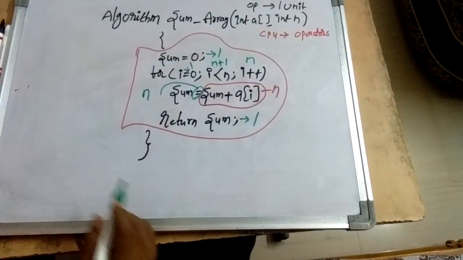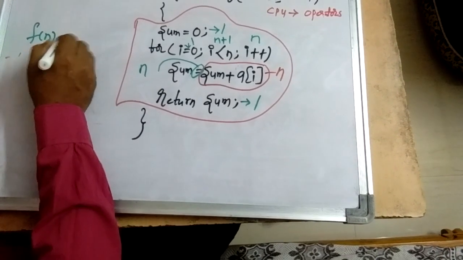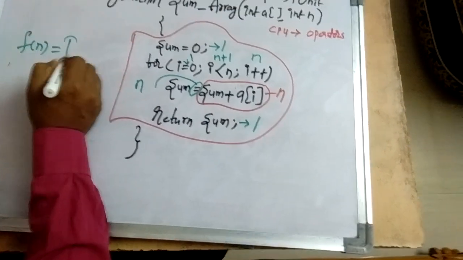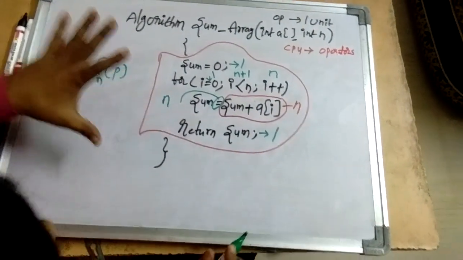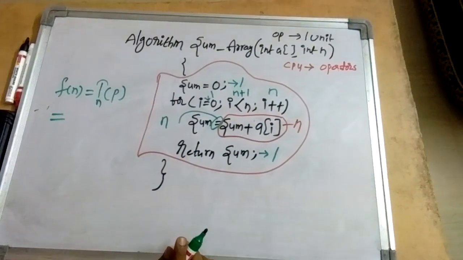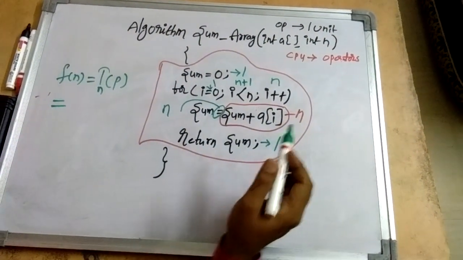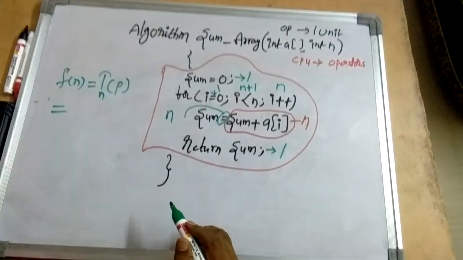So the time complexity for the given algorithm could be f of n, or we say the time complexity of size n for the given program P is equal to the total number of CPU units of time needed for the completion of this program.